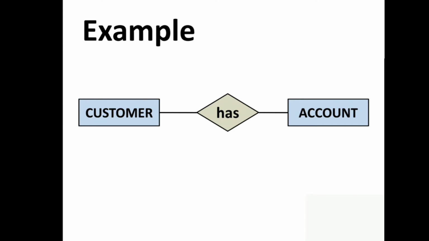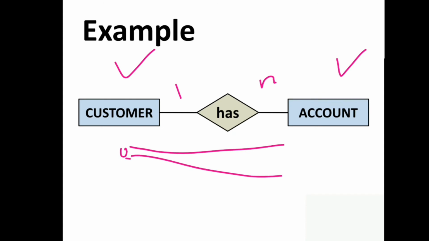For example, if there are two entity types, that is customer and account, then each customer can have more than one account, right? Each customer can have more than one account, but each account is held by only one customer, right?